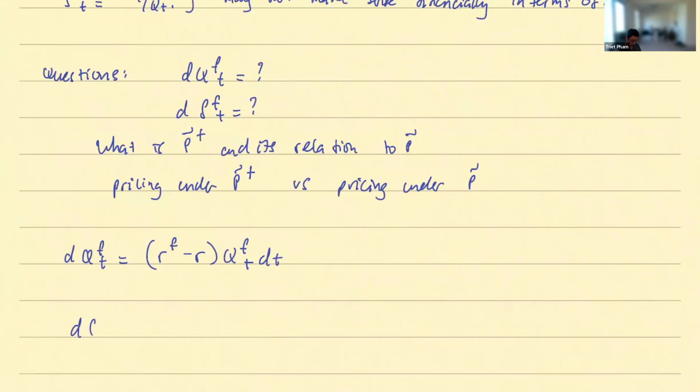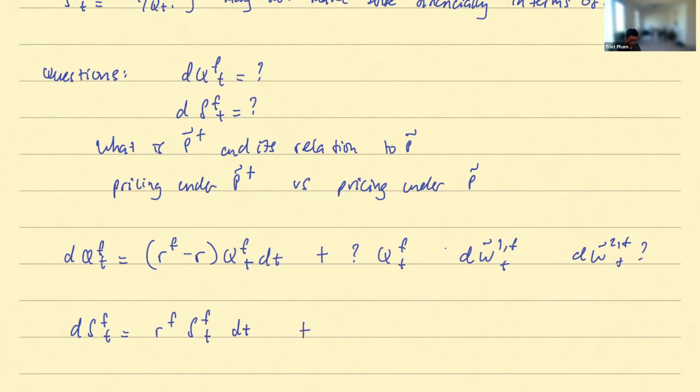Also, the stock should have the foreign risk-free rate as its rate of return. This much, I don't want to say easy, but you can expect that. Also, as we said before, what's challenging is the volatility terms, and then maybe what kind of Brownian motion you might have, W tilde 1F and then W tilde 2F, for example. But what are they? And then, same thing here.